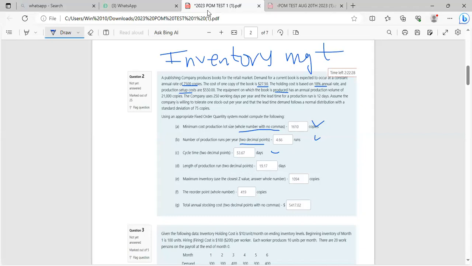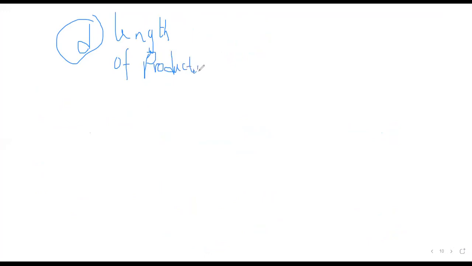Length of production run. We are saying our length of production run is actually going to be Q over P. So this is what we have here, which is 1610 over P, which is 84.